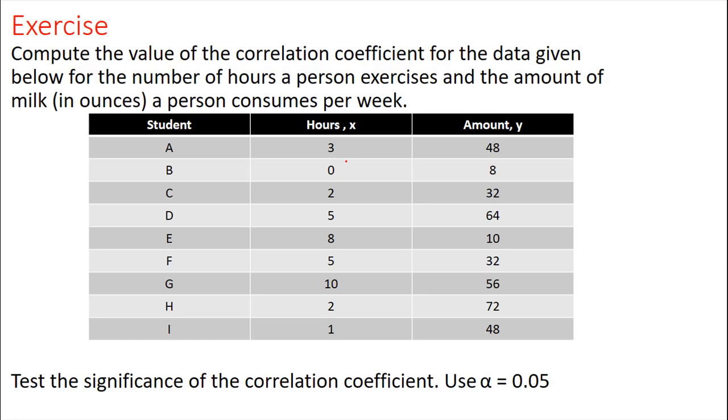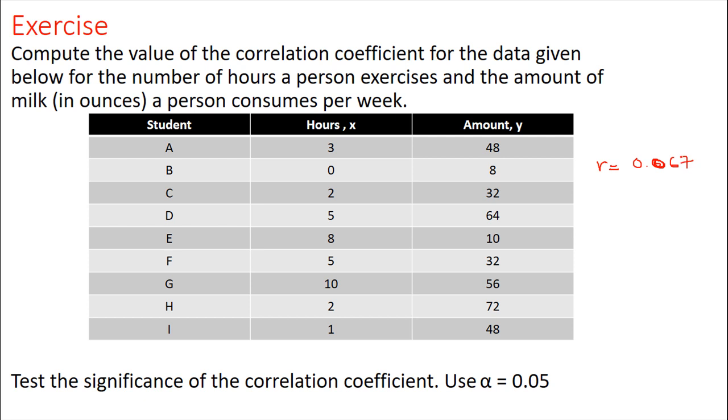This is an exercise for you. Maybe you can try to compute the value of the correlation coefficient for the data given below for the number of hours a person exercises and the amount of milk a person consumes per week. This is from the previous example also. The value of r, if I'm not mistaken, is 0.067.